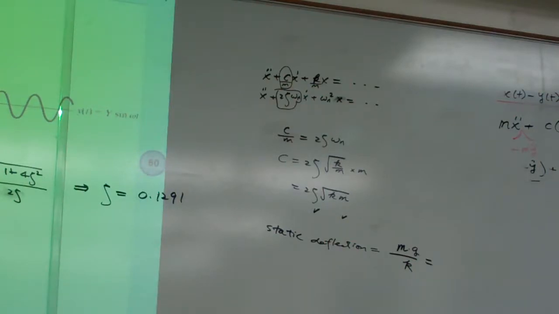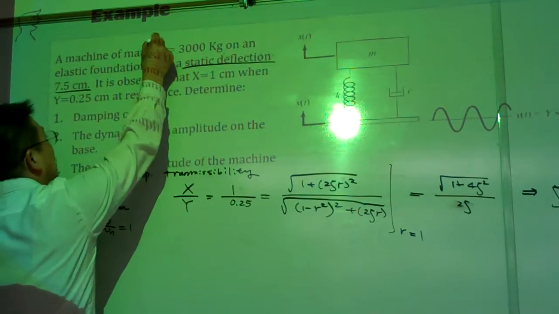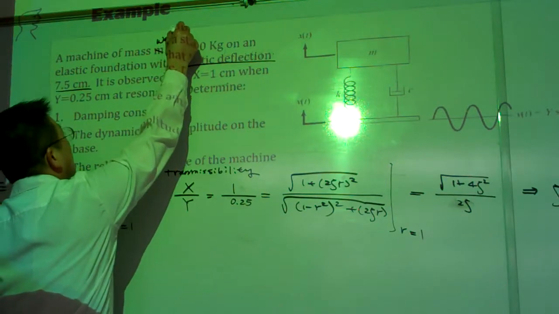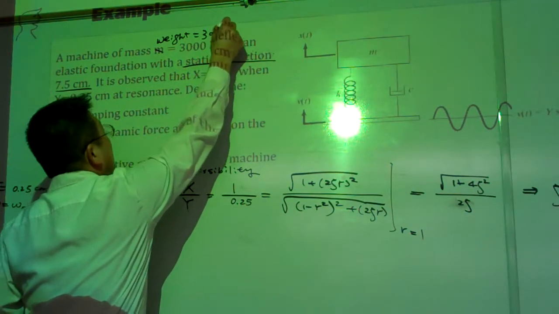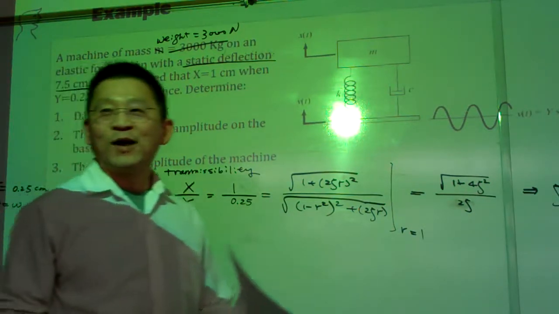Try to stick with my answers. Can I multiply with this? So have the mass such that its weight equal to 3,000 newtons. Can I multiply this? Okay, to match with my solution.